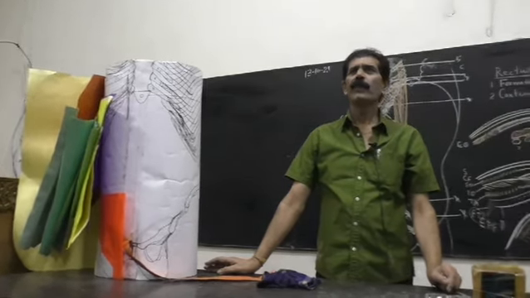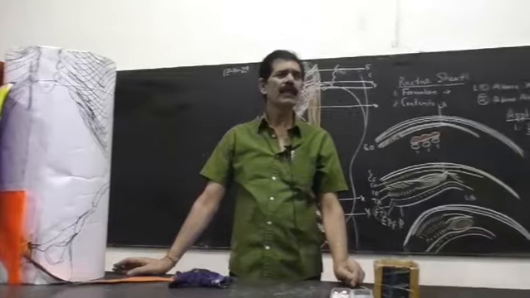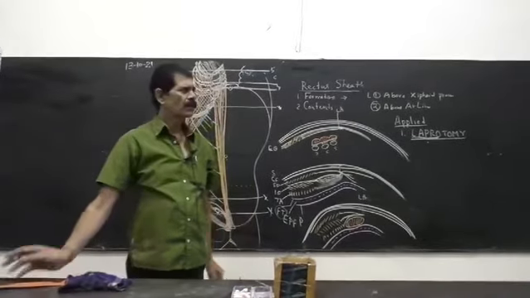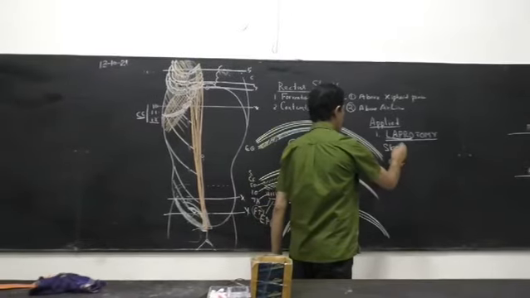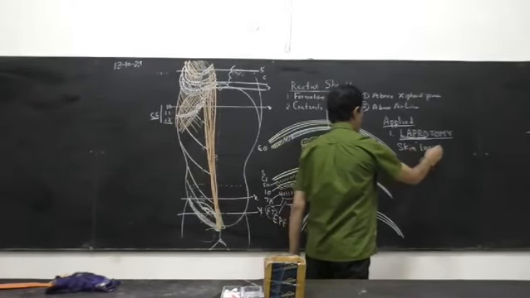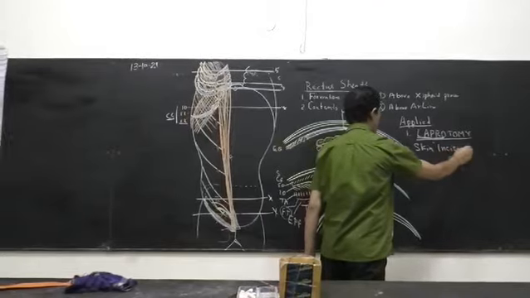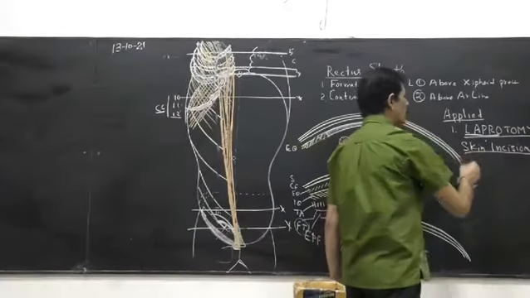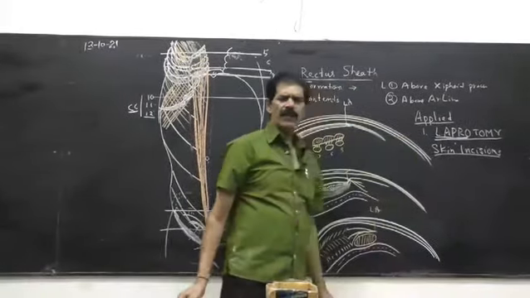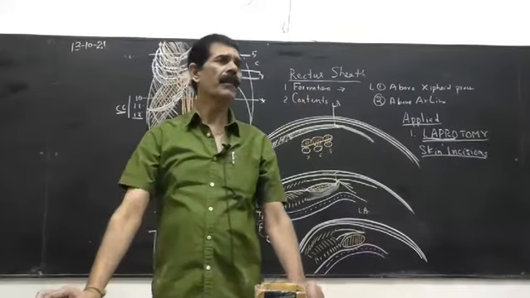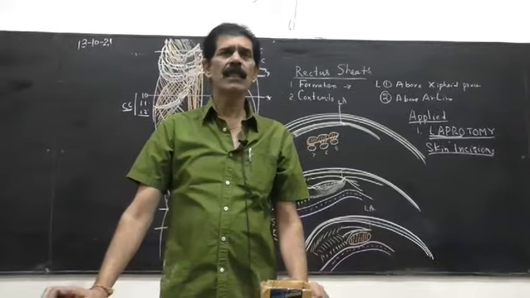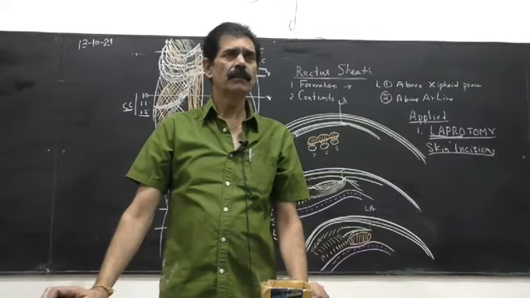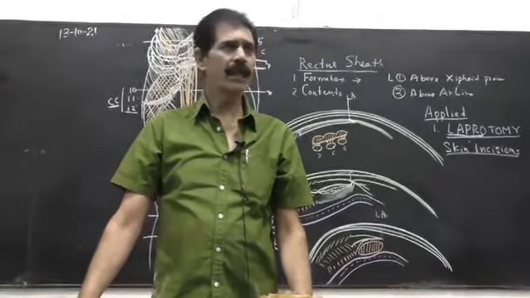For that, the first cut is the skin. They are called skin incisions. This applies both to the rectus sheath and the anterior abdominal wall in general. Skin incisions are made, then ultimately the other layers are also cut.